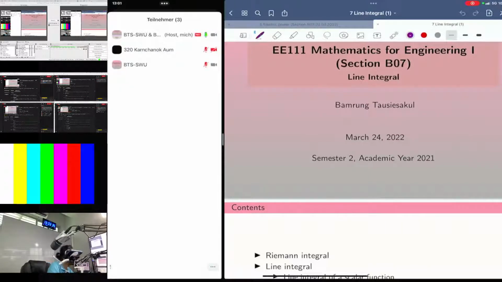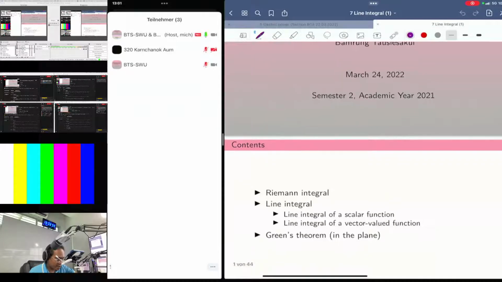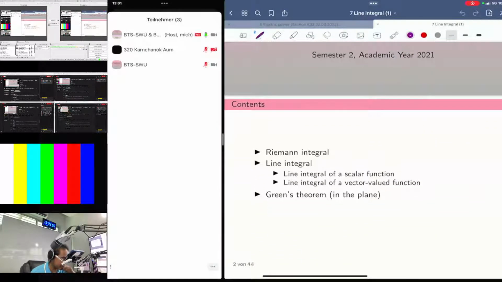Even a teacher like me still gets into trouble with this topic. I'm not sure whether we could finish this chapter in a single lecture or not, but anyway, let's try to do it.